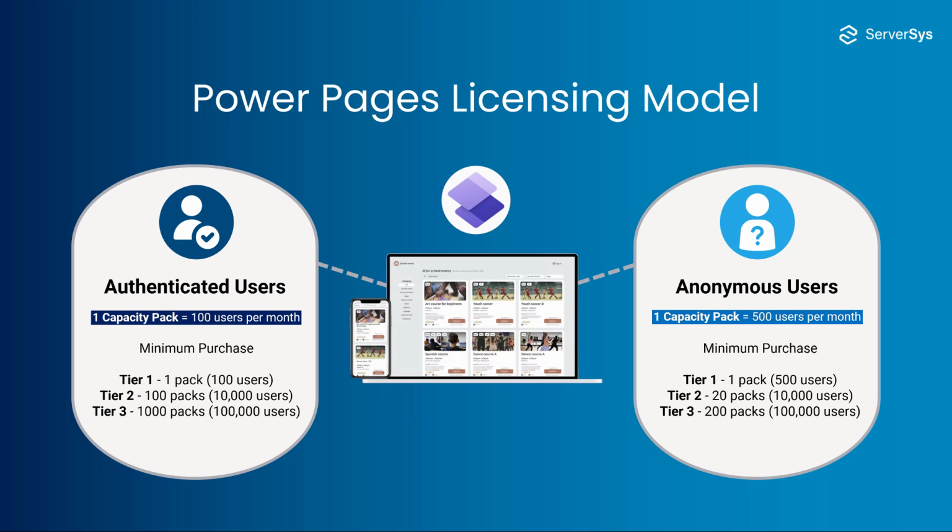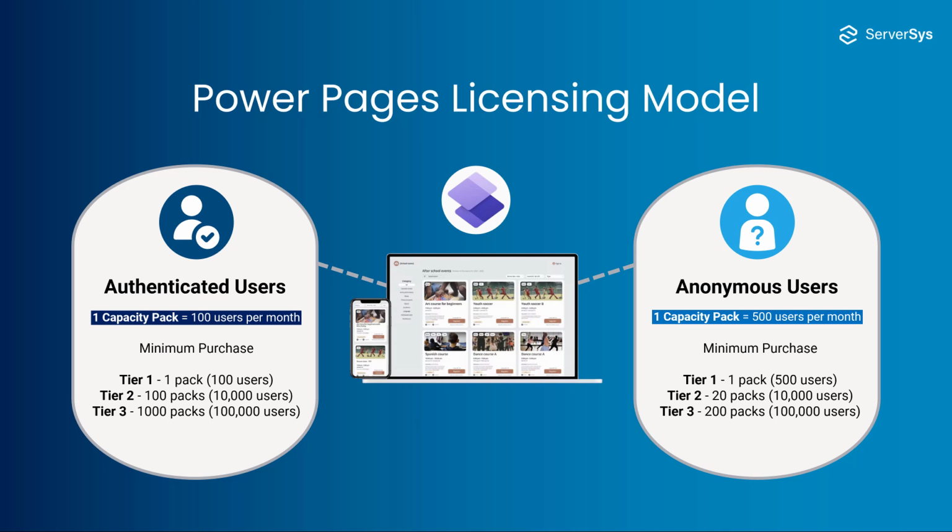For significantly higher usage needs, reduced pricing tiers are available for sites that need authenticated user capacities above 10,000 and 100,000 users per month. But at these levels, you might want to consider if an Azure Blazor web portal might be a more cost-effective solution, so keep watching for details. Separate add-on capacity can be purchased for anonymous Power Pages site users.